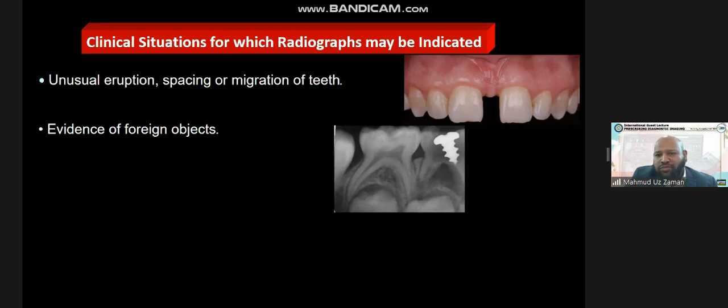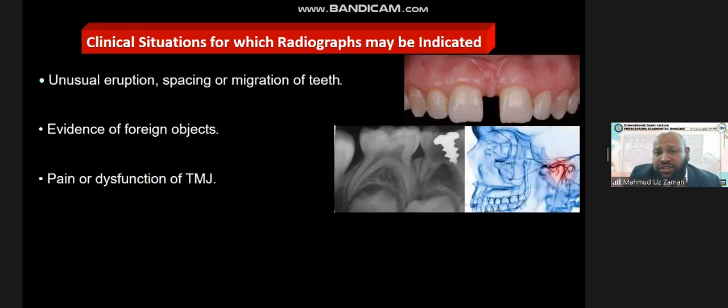There is a foreign object embedded in the soft tissue, as I mentioned earlier, and sometimes during extraction, some broken bone or a broken root remains in the extraction site. You need to see this one, so you will choose your radiograph, either periapical or panoramic, depending upon the size, shape, and position of the foreign objects.